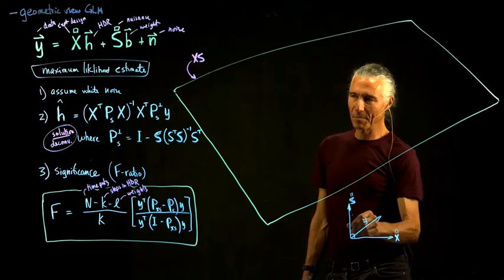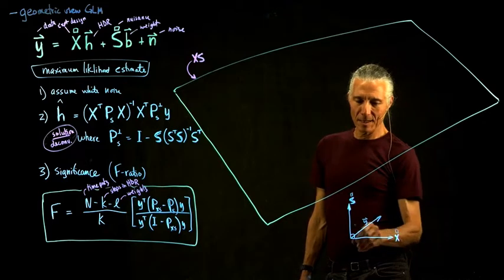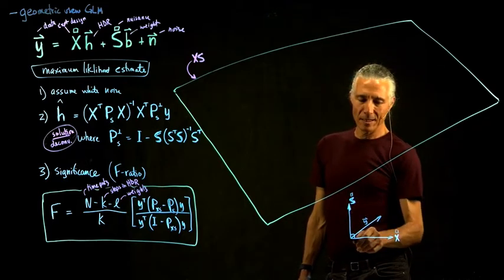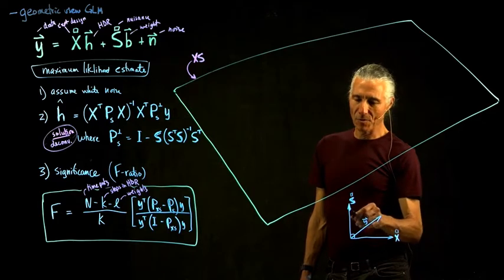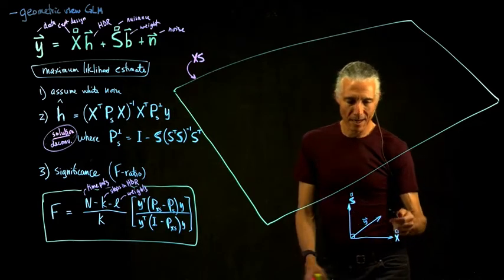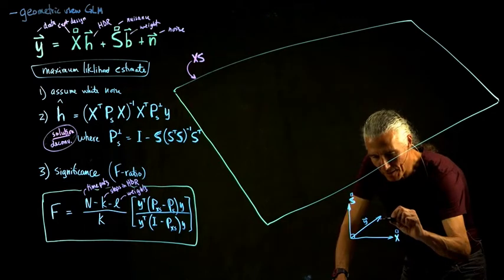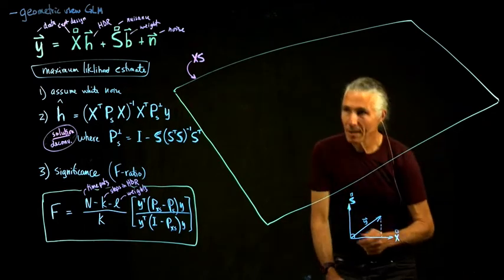We've got experimental design in this direction, nuisance in this direction, and then we have our data that includes both nuisance and experimental design.